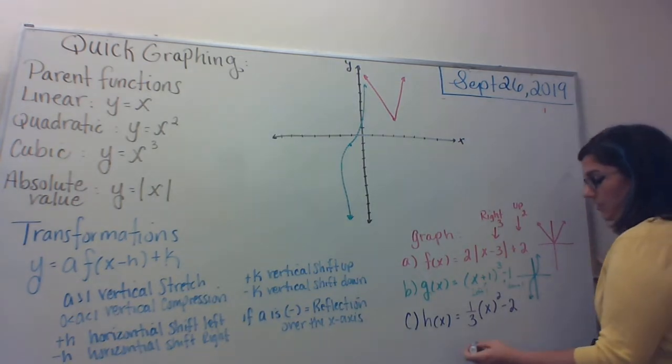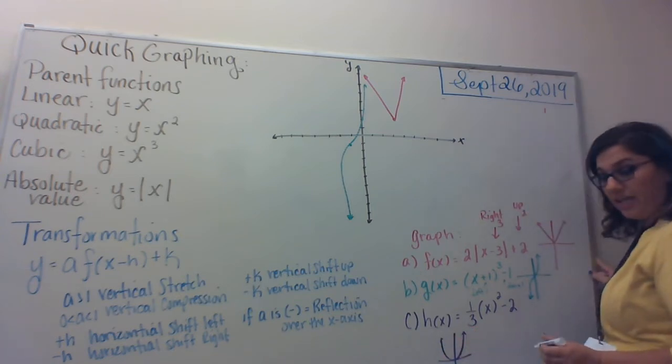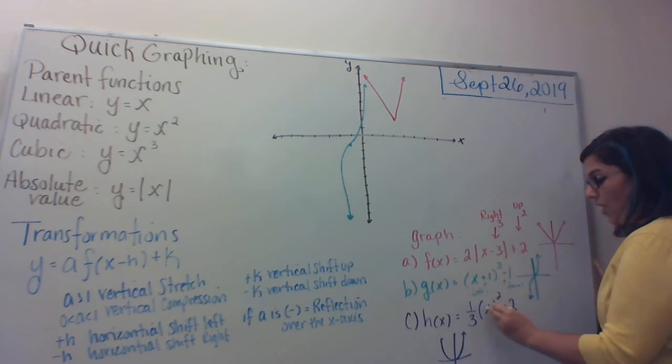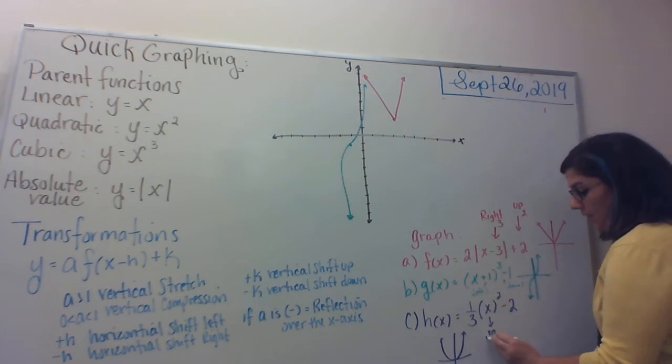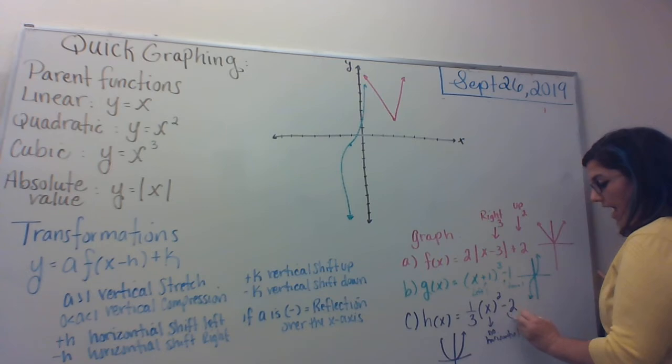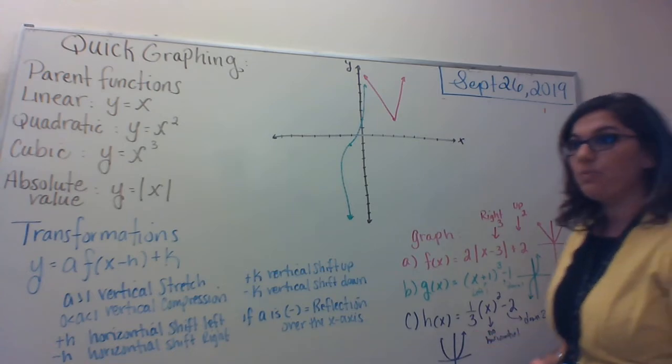So now I have a quadratic whose parent function again is U-shaped and the vertex is at the origin. This, I have no horizontal transformation, so no horizontal. However, I have down 2. Plus I have this fraction. I have this 1/3.